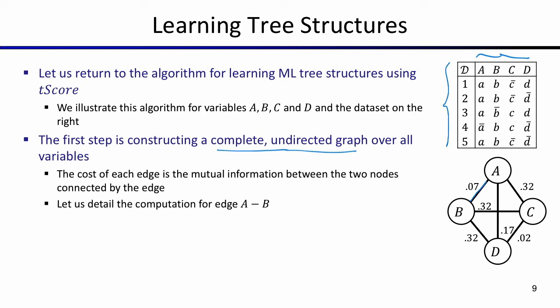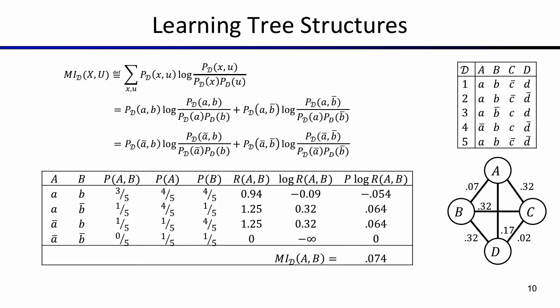So let's take a look at the computation of this edge here that involves the variables A and B in the next slide. Okay, I will not detail this much because you have already seen this before. Actually, you have implemented this in your assignment. So basically the mutual information involves the probability of X and U, that is here and also here, and the probability of X and the probability of U. All those probabilities are computed over the training set.